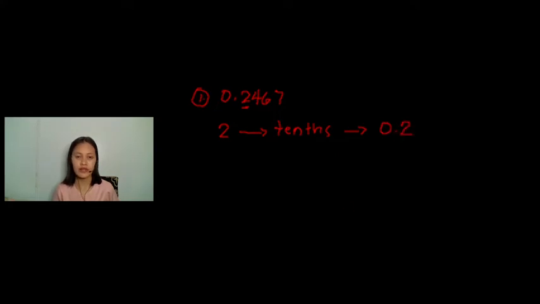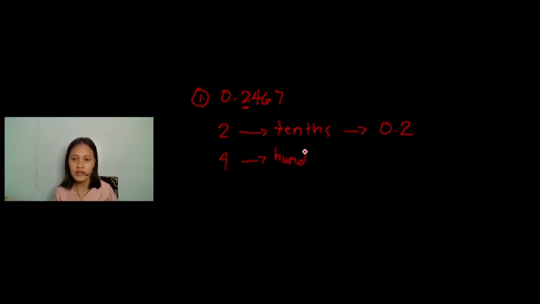0.2. Okay? Another. Let's say teacher asks what is the place value of 4 in this given decimal. Again, take a look at the position of the digit. So, pang ilang digit siya after ni decimal point? Pangalawa. Going back to our lecture, pag pangalawang digit, that is the hundredths place.